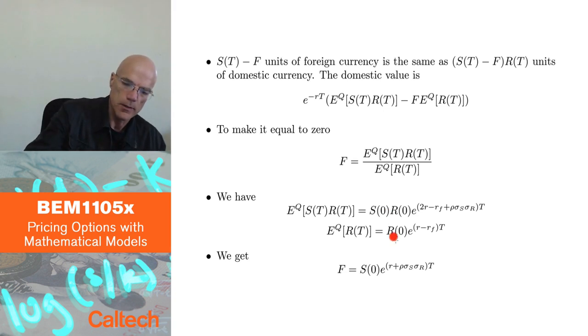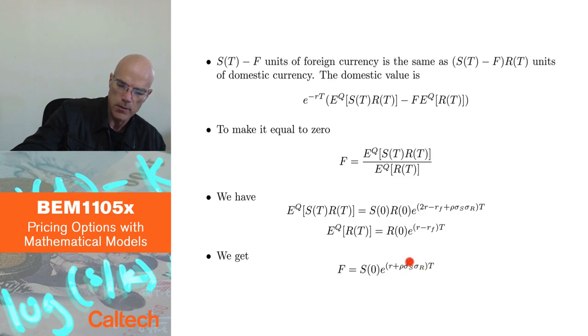And then I just divide these two to get my forward price. The r of 0 will cancel, the rf will cancel, one of the r's will cancel, and I will get this formula. A simple formula for the forward price of a Quanto forward. It's s of 0 times e to the r plus sigma s sigma r times rho.